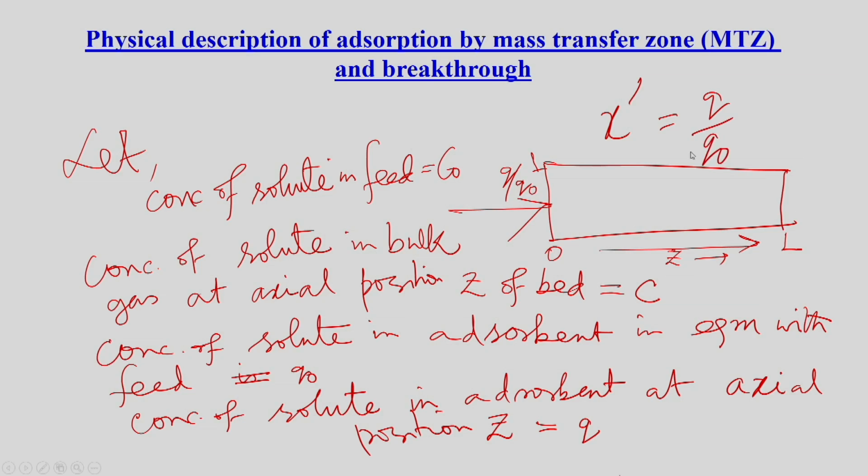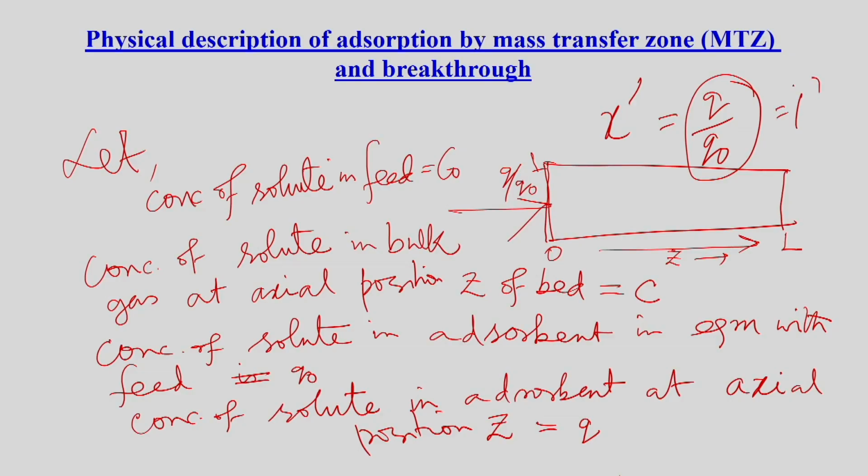Whatever we have plotted on this y axis is the relative amount of the solute adsorbed on the adsorbent. It will be equal to 1 when it is in equilibrium, meaning q will be q 0. So at that point, q by q 0 is equal to 1.